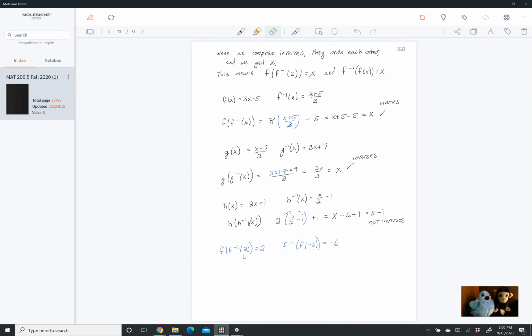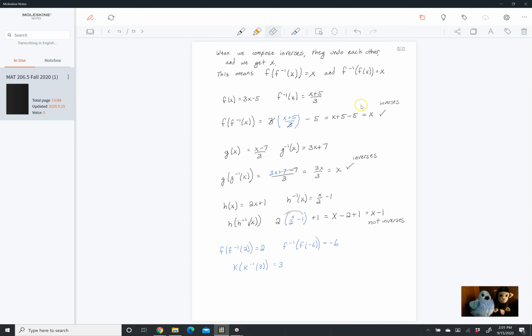If I told you that we had k of k inverse of 3, we already know what that is. It's 3, right? These match. 2 and 2, negative 6 and negative 6, 3 and 3. It doesn't matter what function. So notice I've been using different letters. That just says g of x is not the same as f of x. That's all. It's like when you use different variables.